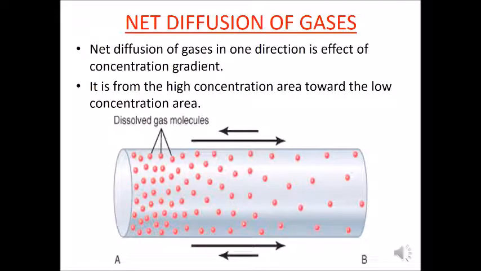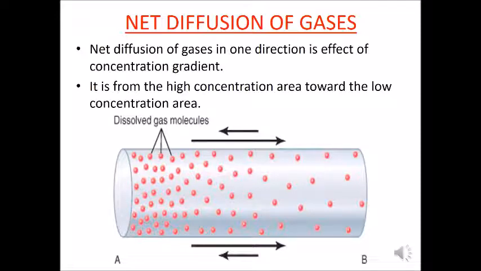Now, how does net diffusion of the gas occur in any direction? It will always follow the concentration gradient, meaning it will always occur from high concentration area to low concentration area. Now see the diagram. In a tube there are few gas molecules.